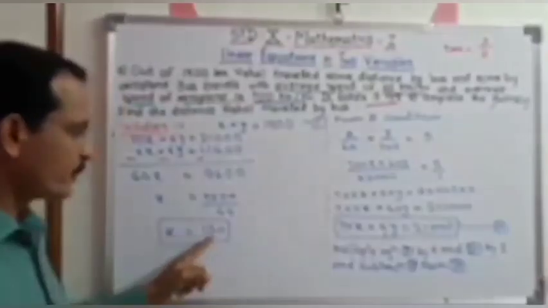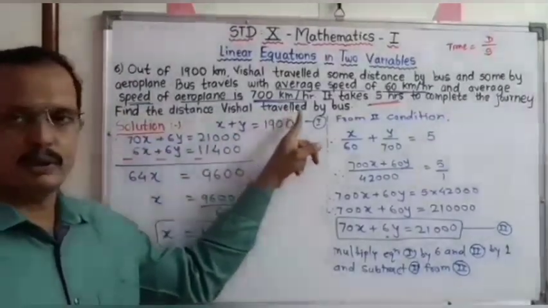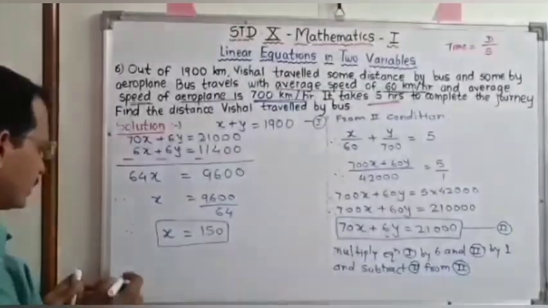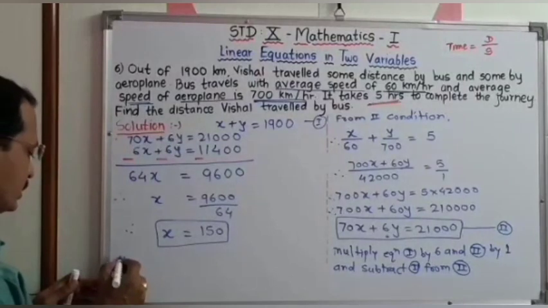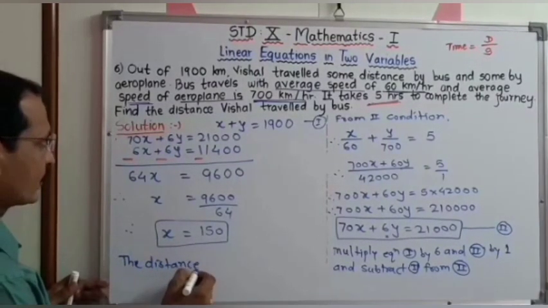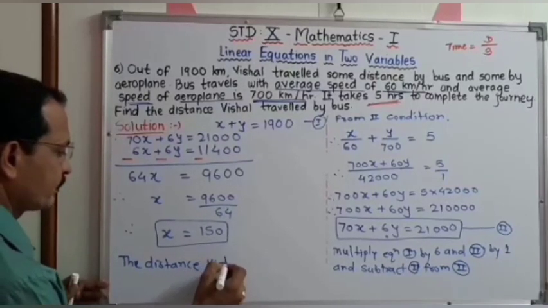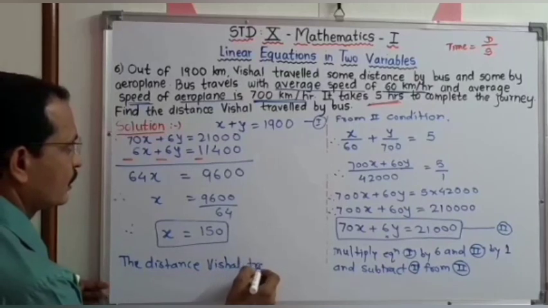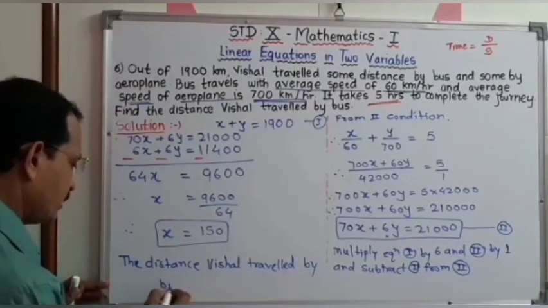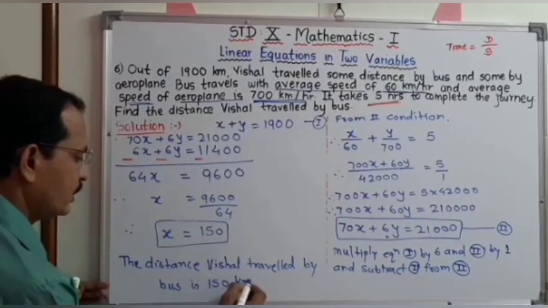We got the value of x. The question only asks for the distance traveled by bus, therefore no need to find the value of y. Therefore directly we can write the final answer. The distance we shall travel by bus is 150 kilometers.